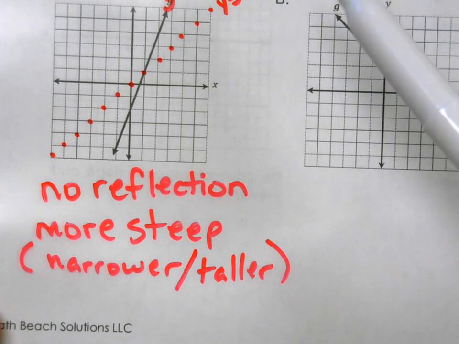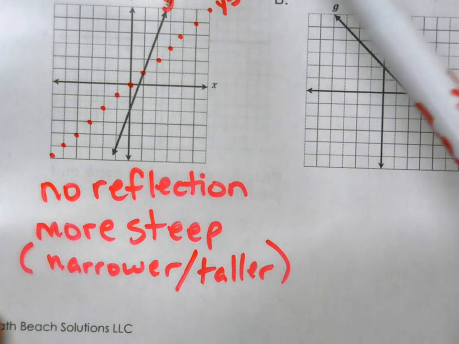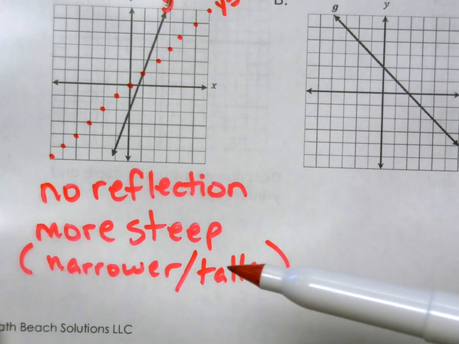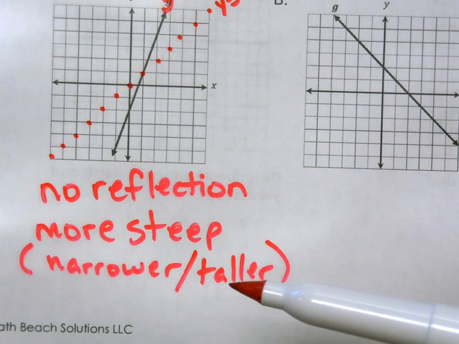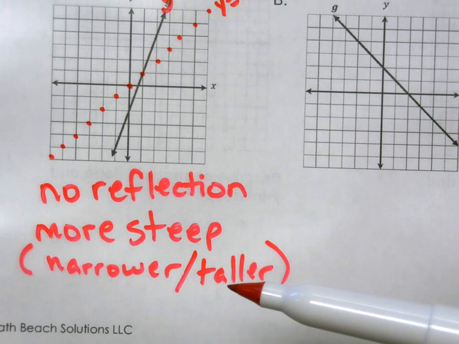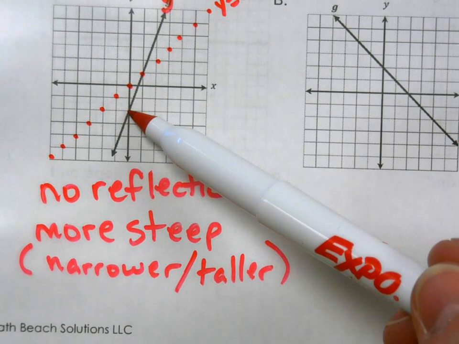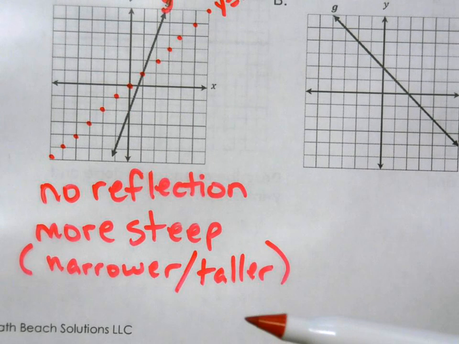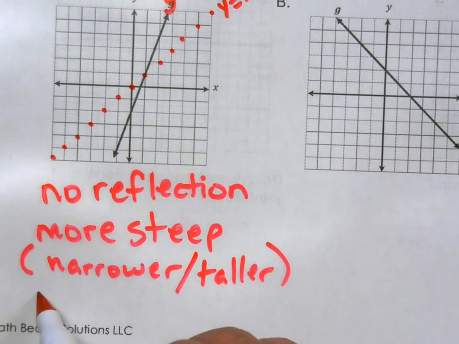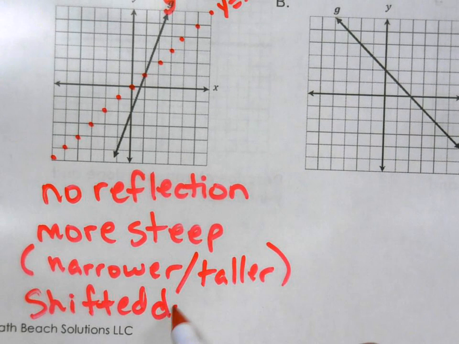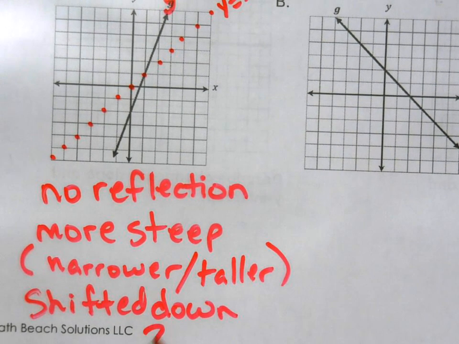And then the last step is to determine whether or not it was translated. So did my y-intercept change? Started out at 0 and now it's at where? -2. So it shifted down 2 units.